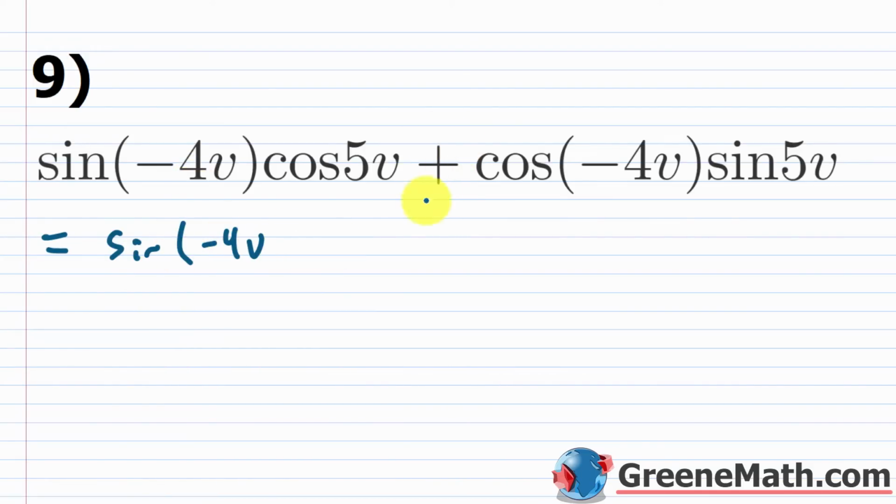Because this is a plus here, I'm going to say this is a plus here, because again we're working with the sine sum identity. Then I would take the 5v, the second angle that appears. Again, you can always just reverse this. If you had the sine of negative 4v plus 5v, you could set it up this way using your sine sum identity. So all you'd really have to do here is say negative 4v plus 5v is v. So this becomes the sine of v.